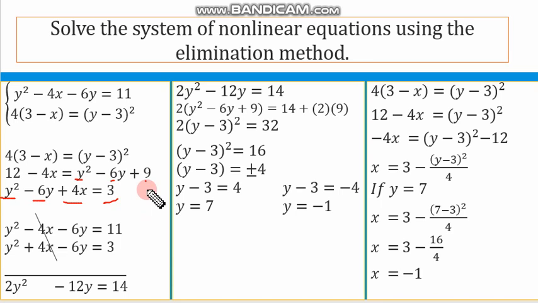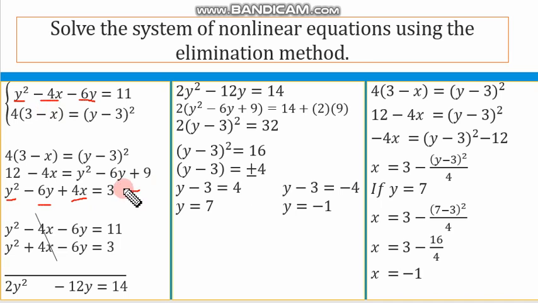Okay, so next, this is the general equation of our equation number 2. Let's check our equation number 1, which is y squared minus 4x minus 6y equals 11. So if we check here, the y squared is positive, so it won't cancel. The x part will cancel.